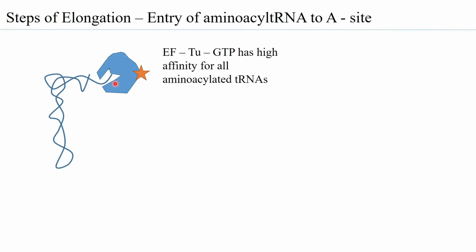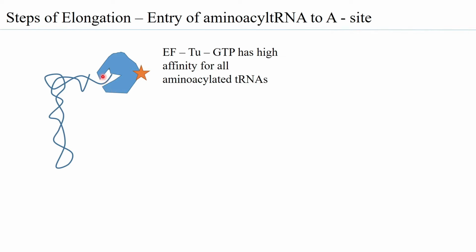It can bind to any tRNA that is charged, and it binds only to the 3' end of the tRNA when it is acylated, not when it is not acylated. So if you don't have an amino acid component over here, EFTU GTP binds only rarely. Effectively, EFTU GTP binds to a charged tRNA.